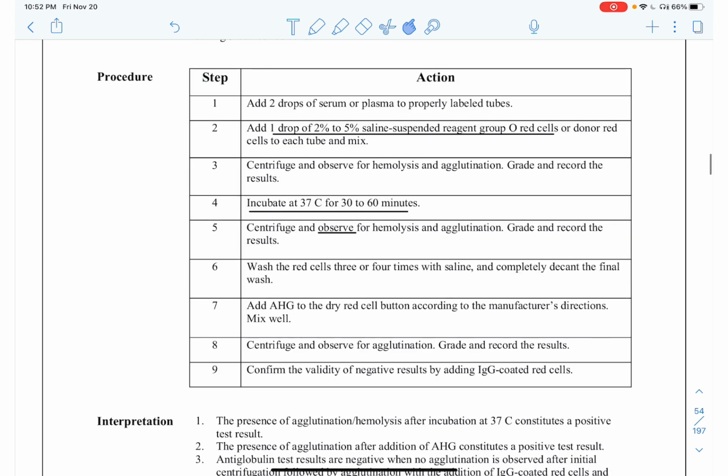The procedure begins with adding 2 drops of serum or plasma to a tube and then adding a suspension of group O red cells that's in about 3 to 5% saline.